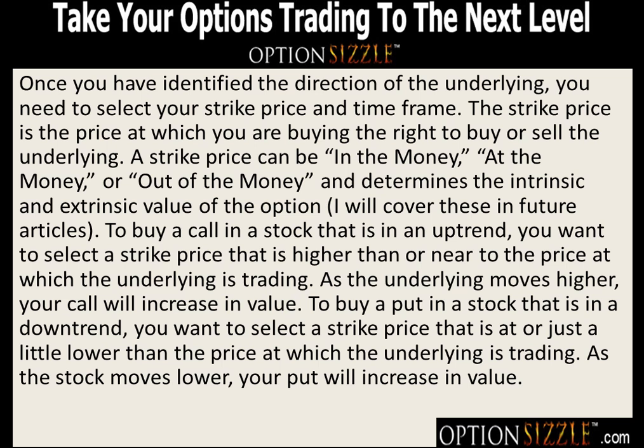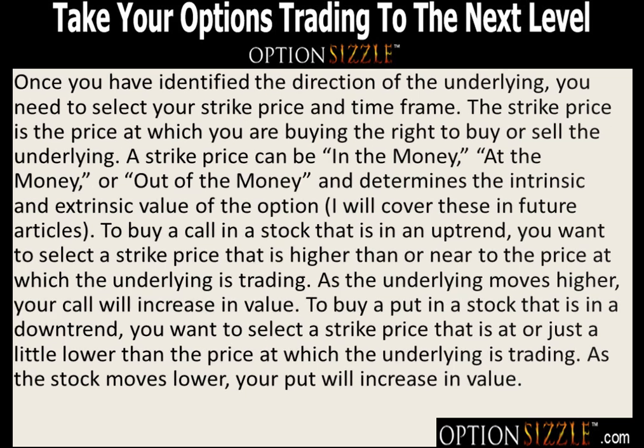To buy a call on a stock that is in an uptrend, you want to select a strike price that is higher than or near to the price at which the underlying is trading. As the underlying moves higher, your call will increase in value. To buy a put on a stock that is in a downtrend, you want to select a strike price that is at or just a little lower than the price at which the underlying is trading. As the stock moves lower, your put will increase in value.